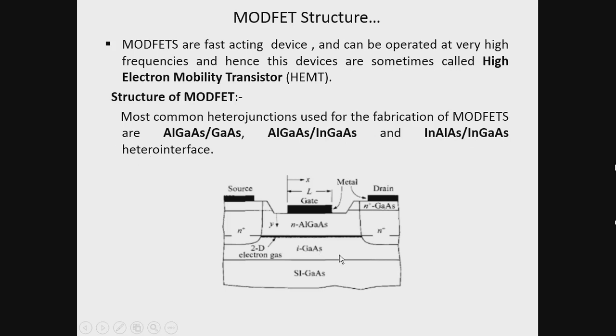Here the figure shows how the Modfets are fabricated. So here we are having a substrate which is a semi-insulating intrinsic gallium arsenide, over which all the other layers are fabricated. We will come across all these layers one by one.